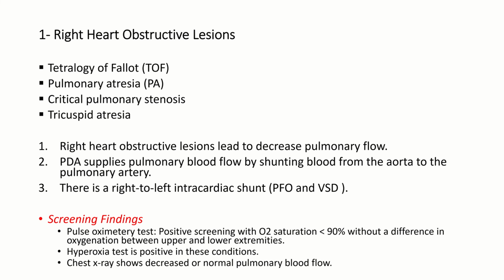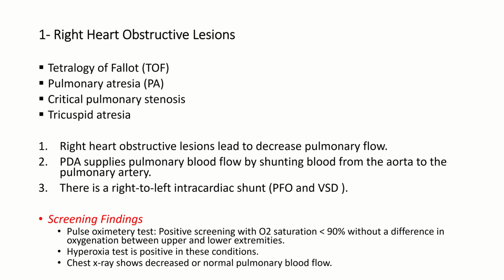If we look at the screening findings, we will find the pulse oximeter test is positive, with oxygen saturation lower than 90% without any difference between oxygenation in the upper and lower limb. The hyperoxia test will be positive, and the chest X-ray will show oligemia or decreased pulmonary vasculature.